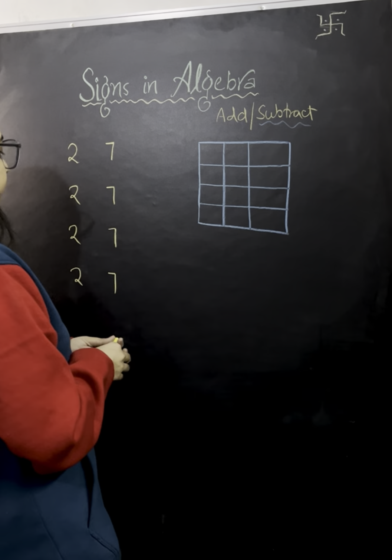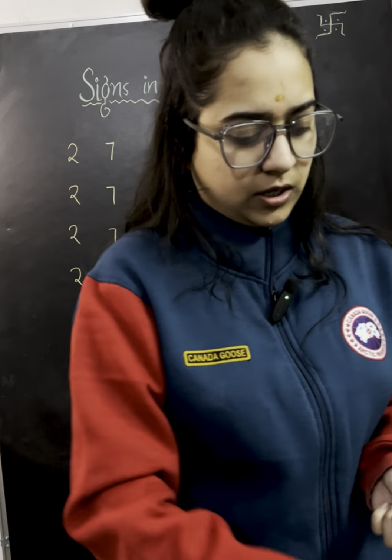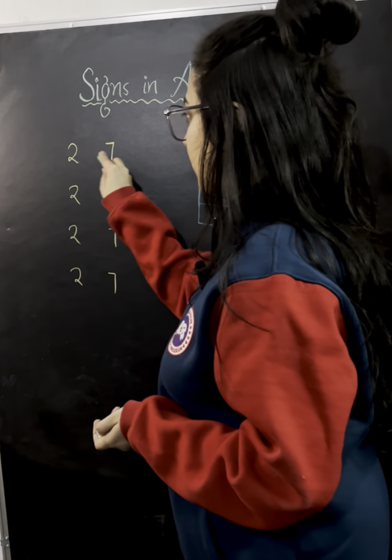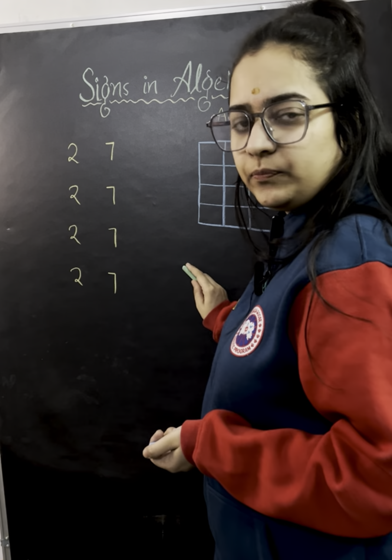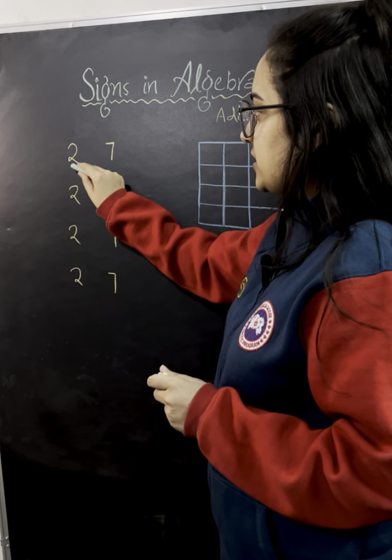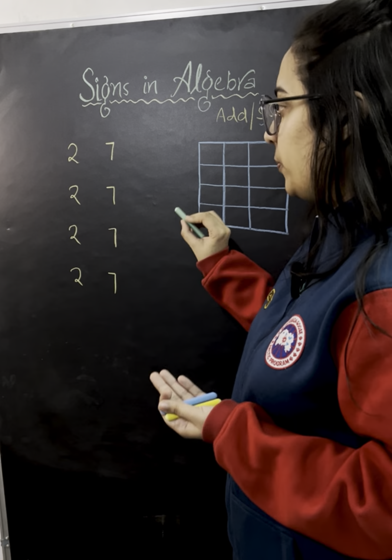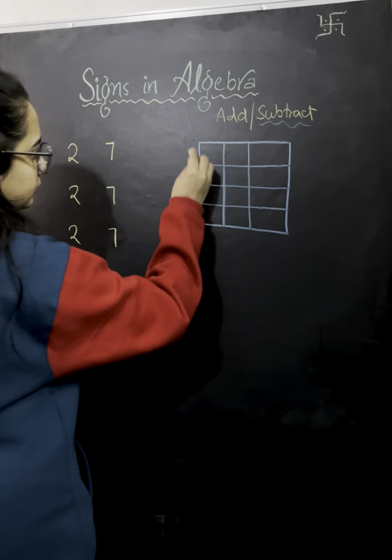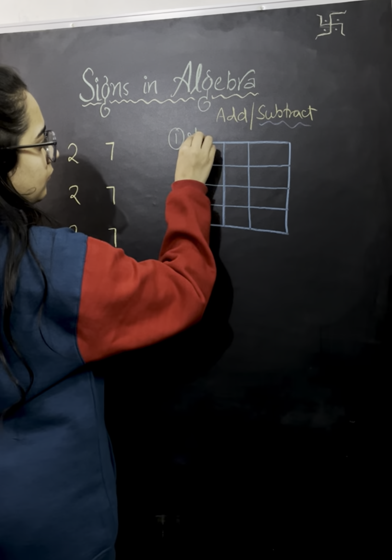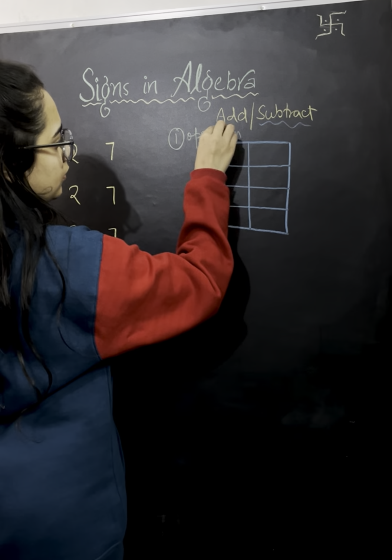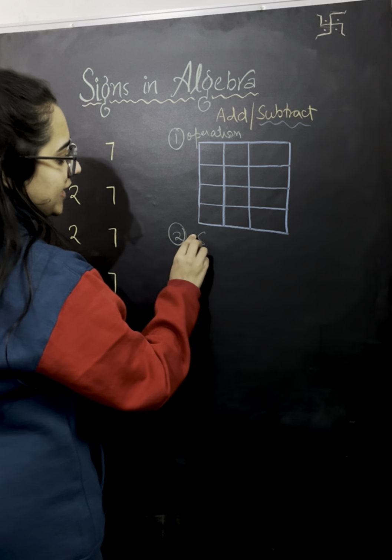Now here let's consider these. The first step is going to be the operation. Like if these numbers are given, which operation do I have to use? The second thing is going to be the sign in front.